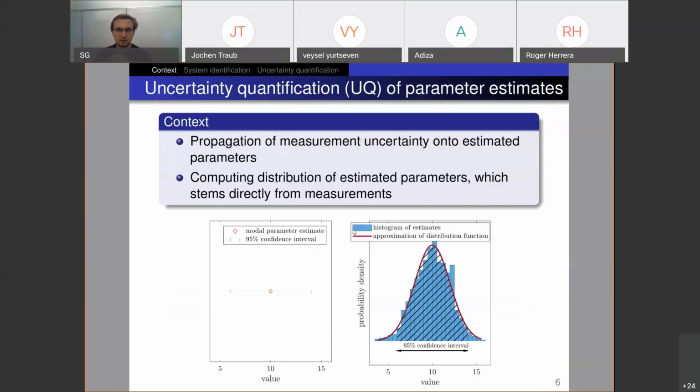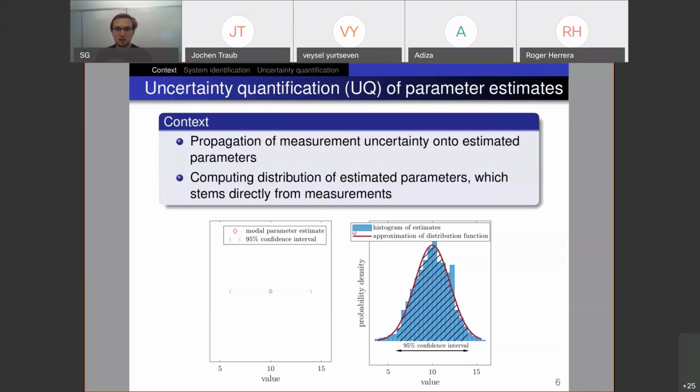The second part of this webinar will be focused on uncertainty quantification. And here by uncertainty quantification, I mean quantifying the statistical uncertainty of the parameters that we estimate directly from data. This uncertainty stems from the fact that the data are of finite length and afflicted by noise. So the methods that we use to identify model parameters are yielding estimates that are also afflicted by noise and subjected to statistical errors.